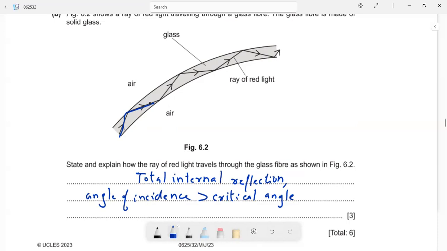And when the red light is traveling from a denser medium to a less dense medium. Here the red light is traveling from a more dense medium to a less dense medium.